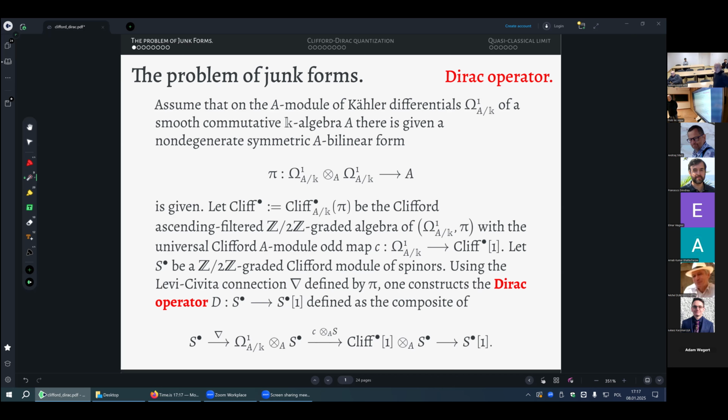This non-homogeneity implies that this Clifford algebra is not a Z-graded algebra, as the tensor algebra was. And this introduces some problems with the interpretation of some things you would like to do with the Clifford algebra and the Dirac operator.